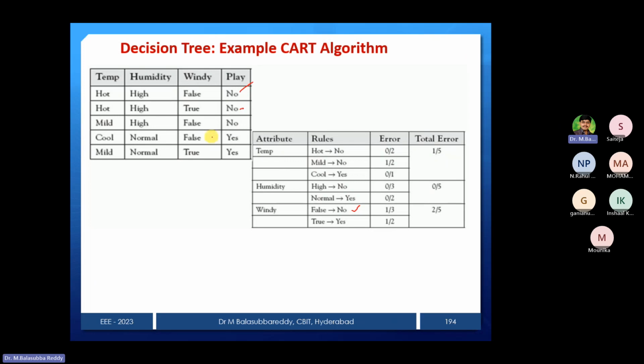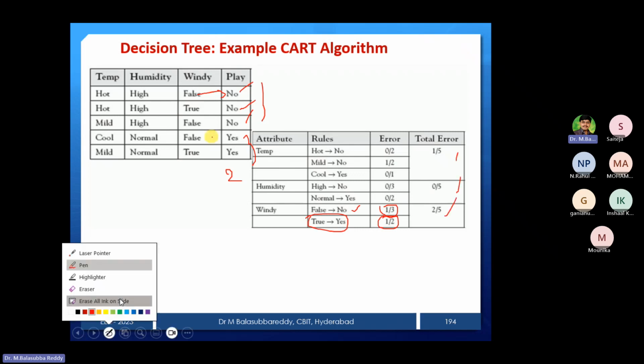I mean windy case, 2, 3, one category, 2 is another category. That's why we can write false is no. If false is no, you will get 3 classifications and 1 incorrect. Then you can say 1 by 3, and true is yes. I can take 1 by 2 is incorrect by total. So we'll get these are the 3 errors.